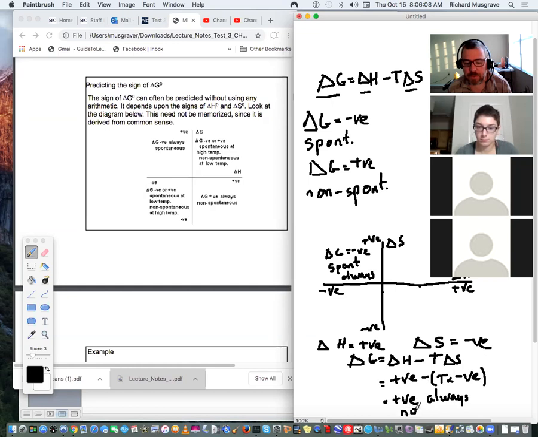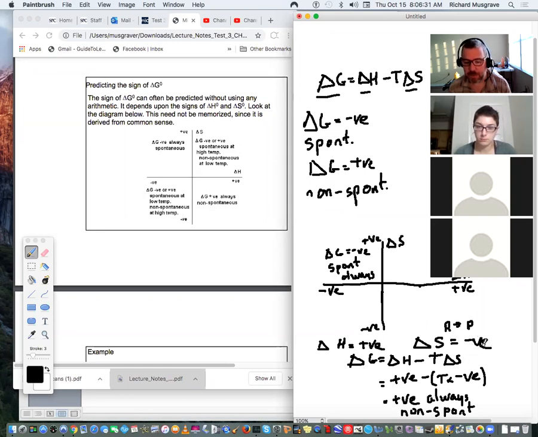So in this instance, these are always going to be non-spontaneous processes, which I think makes sense because endothermic reactions are kind of the worst reactions because energy has to be taken in. And then the delta S, and this is going from the reactants to the products, of course, is going down.